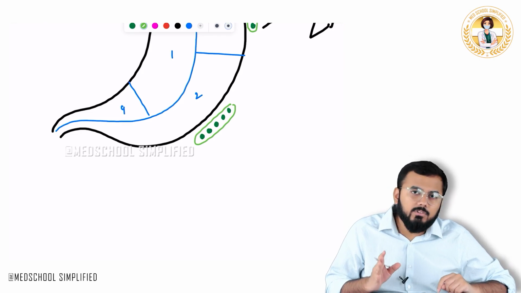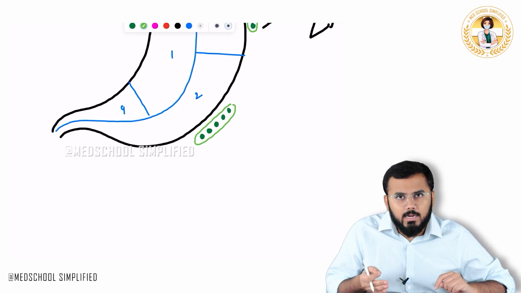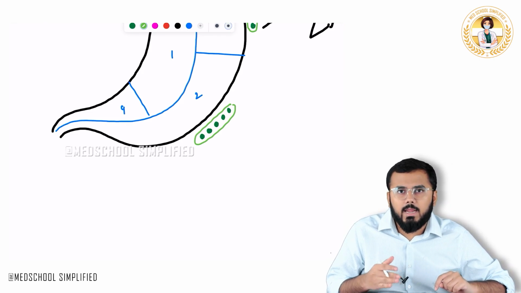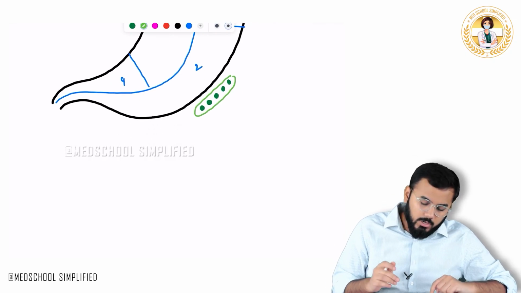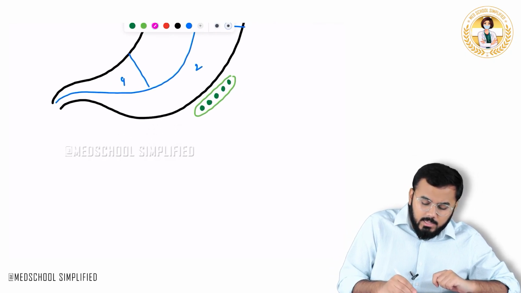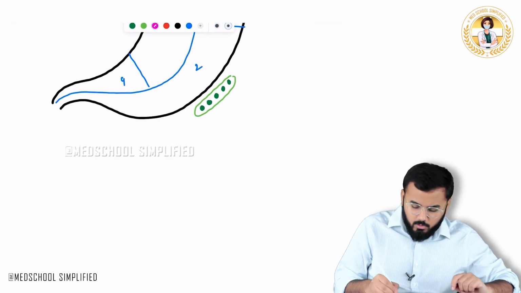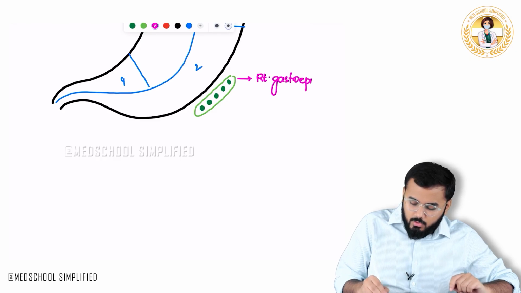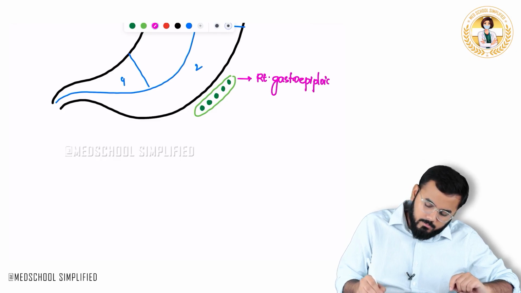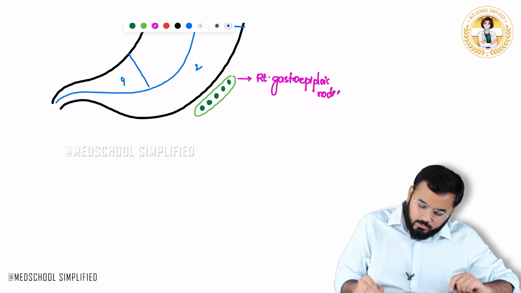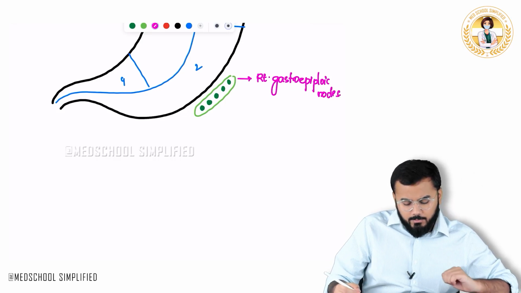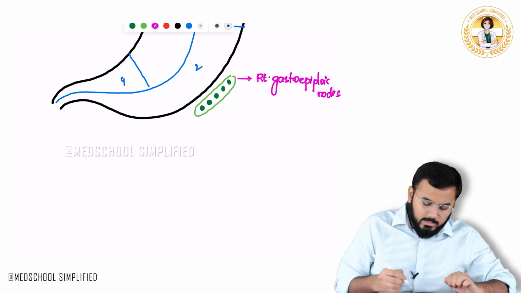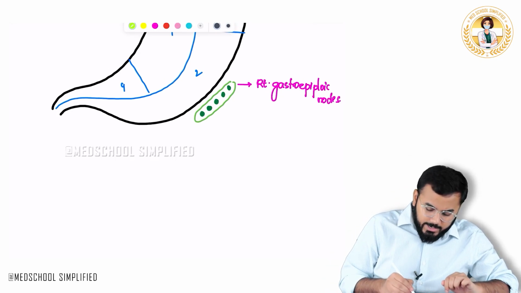So the artery here is the right gastro-epiploic artery. The vein here is the right gastro-epiploic vein. So the nodes which we have here are also the right gastro-epiploic nodes.